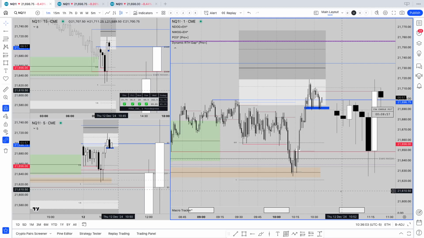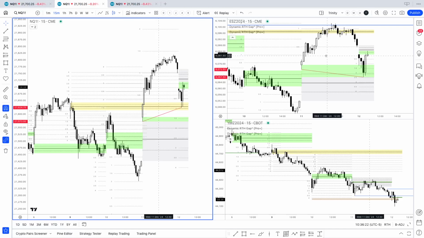Look at ES. Yeah, ES. We are trading. Let's see.